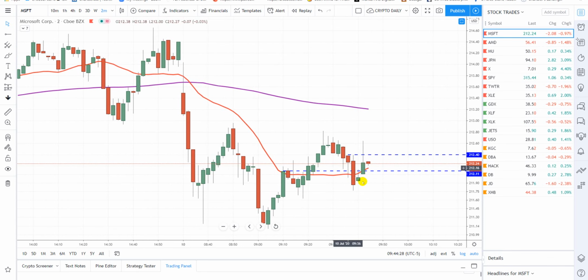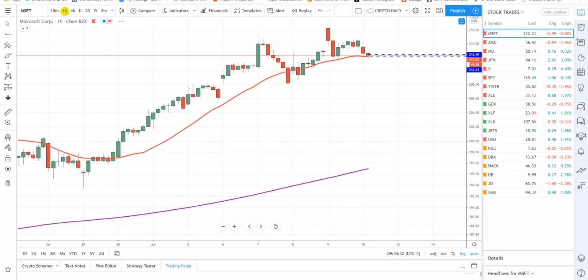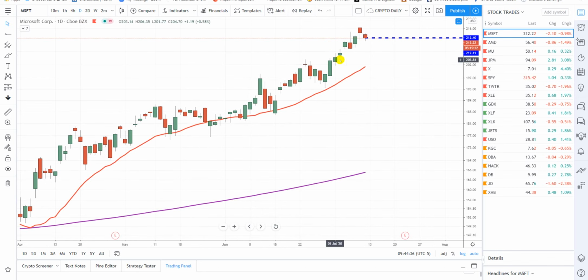Obviously the trend is to the downside, and it's Friday. We had a lot of volatility in the market this week. Yesterday we closed with a big bottoming tail here, and a little bit of a sell-off day, and then we carried over today with that sell-off.